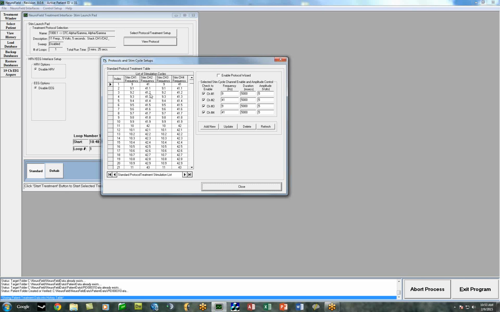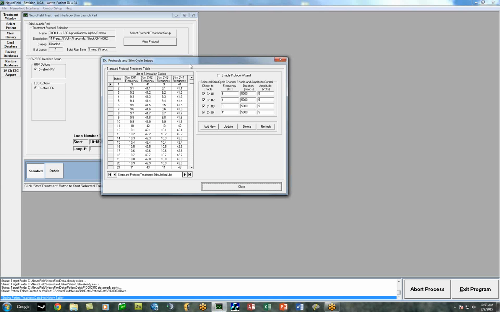Wolfgang Kieser says, shouldn't we be careful with epilepsy? Always be careful with epilepsy. But yes, if you're going to use a protocol that gives something below 10 cycles per second, I would be extraordinarily cautious and probably not give the CFC protocol to a person that gives anything below 10 hertz.